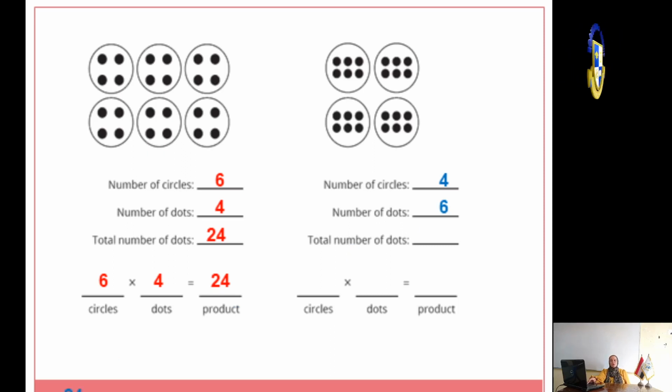Okay, so the total number of dots equals 24, and here we can say 4 times 6 equals 24. Okay, so do you recognize that each time if we said 6 times 4 or 4 times 6, it will give us the same answer.